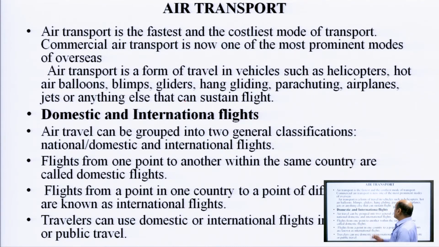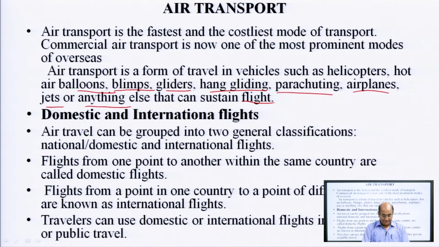Air transport is a form of travel in vehicles such as helicopters, hot air balloons, blimps, gliders, hang gliding, parachuting, airplanes, jets or anything else that can sustain flight. There are two types, one is domestic, another is international flights.